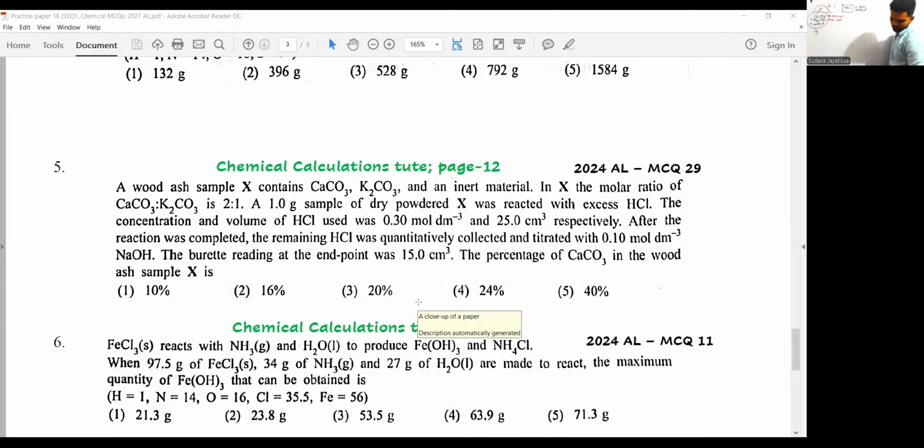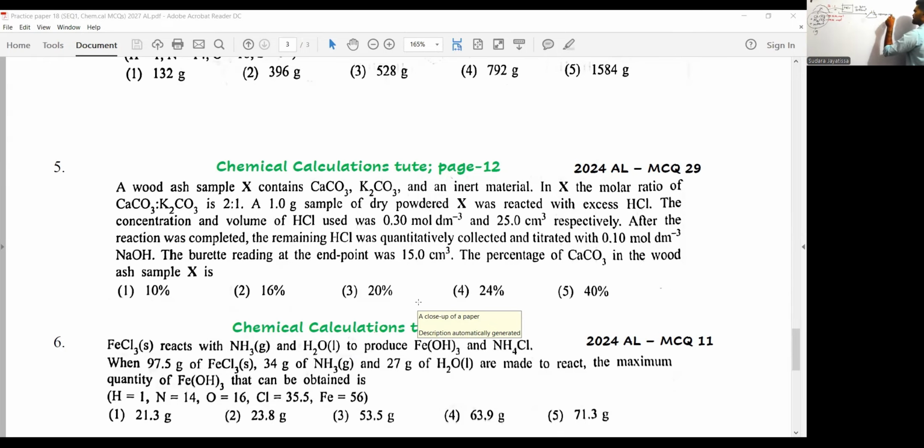And after the reaction was completed, remaining HCl was quantitatively collected and titrated with sodium hydroxide. Okay, so can you understand where this is going? When you react this one, some HCl will remain.